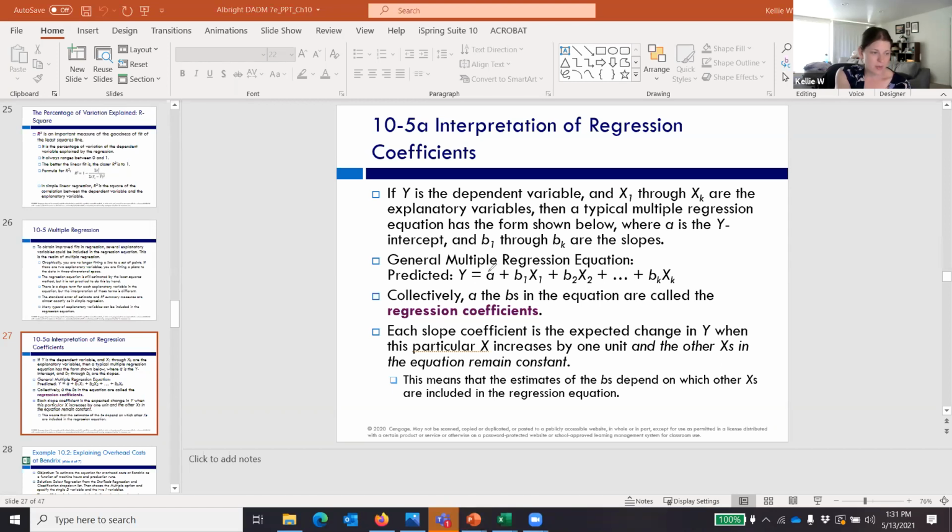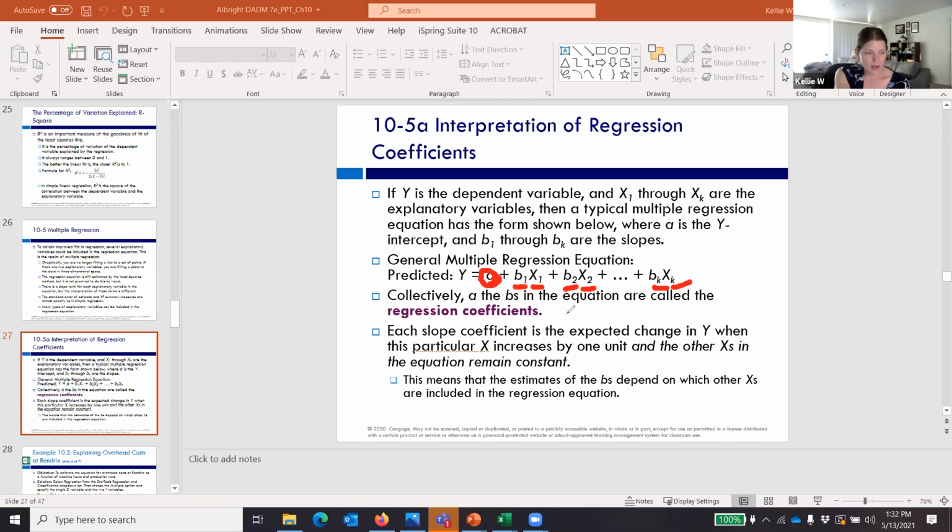We would say y can be predicted by a, which is our intercept, plus b sub 1, this slope, times the variable x sub 1, plus some slope b sub 2 times variable x sub 2, all the way through.